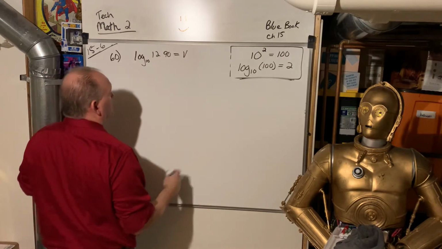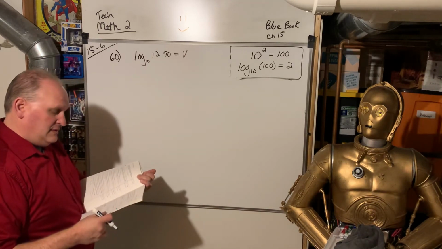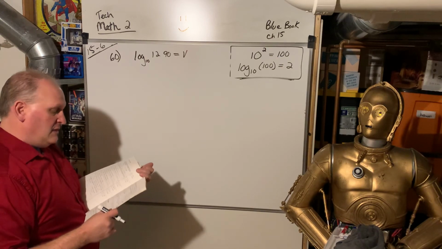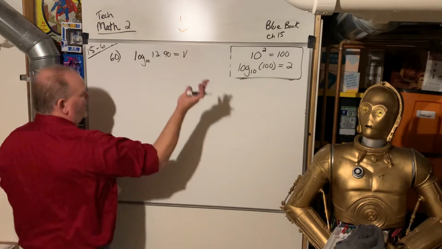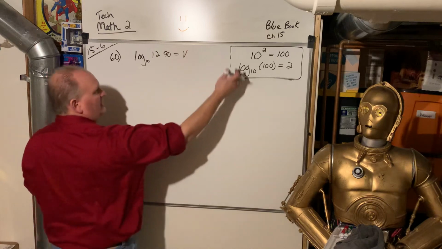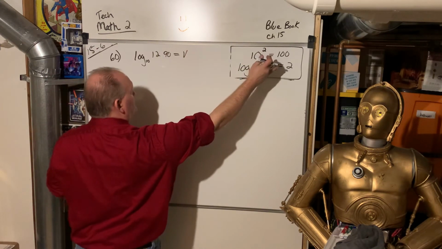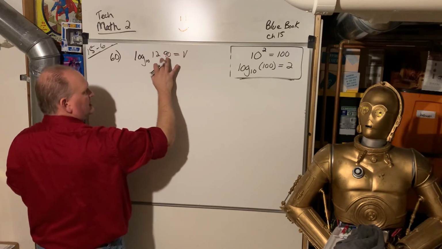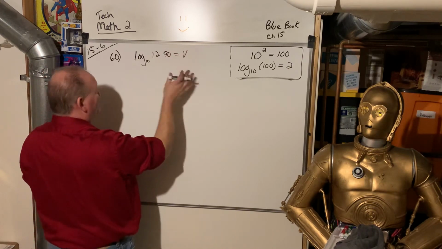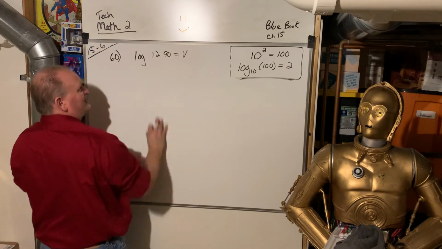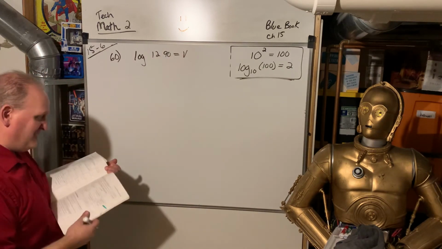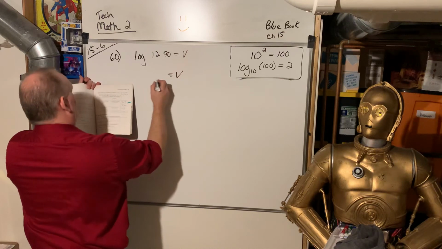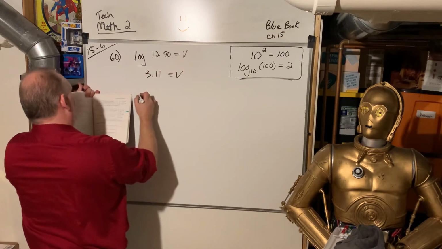Oh wait, we don't even have to do that. You just stick it into your calculator. They already have it set up. Never mind, there isn't any work. You don't have to transform it. I thought we were missing this number, not that number. You don't need the base 10. You just literally pop that into the old calculator, and you get v is equal to 3.11.